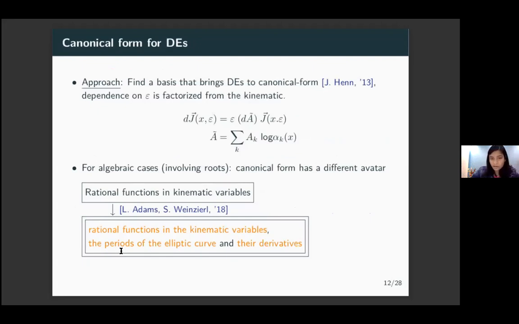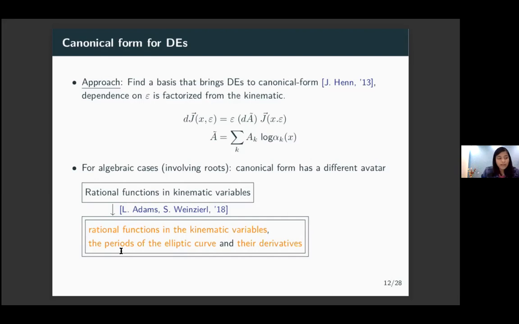For the cases of multiple polylogarithms, it is a conjecture, so far always right, that there exists a rational transformation. By rational, I mean the transformation will only contain objects which are rational in the kinematic variables and epsilon.